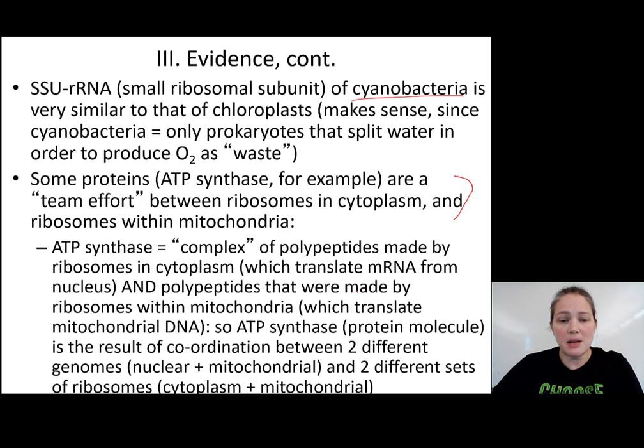And the polypeptides have to come together, right? So ATP synthase is actually a coordination between two different genomes. The nuclear genome contains instructions to build part of the ATP synthase, and the mitochondrial genome contains instructions to build the rest of it, through two different sets of ribosomes.